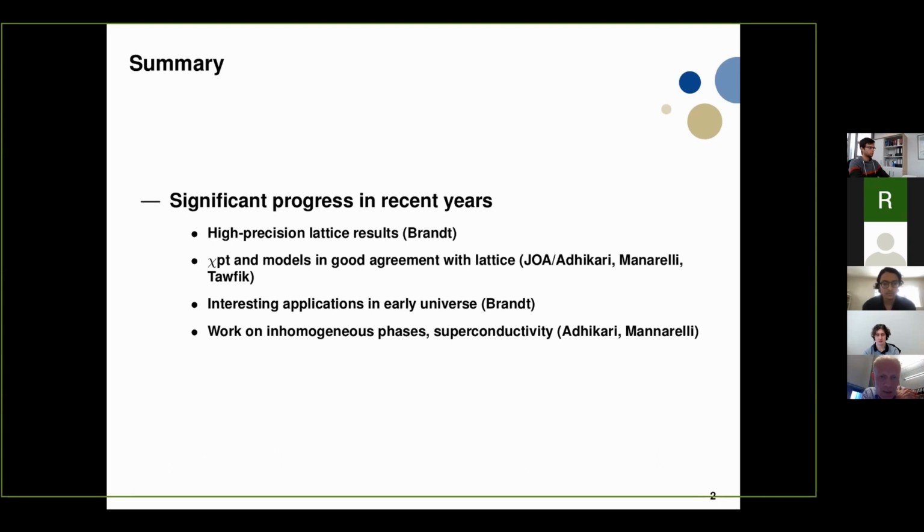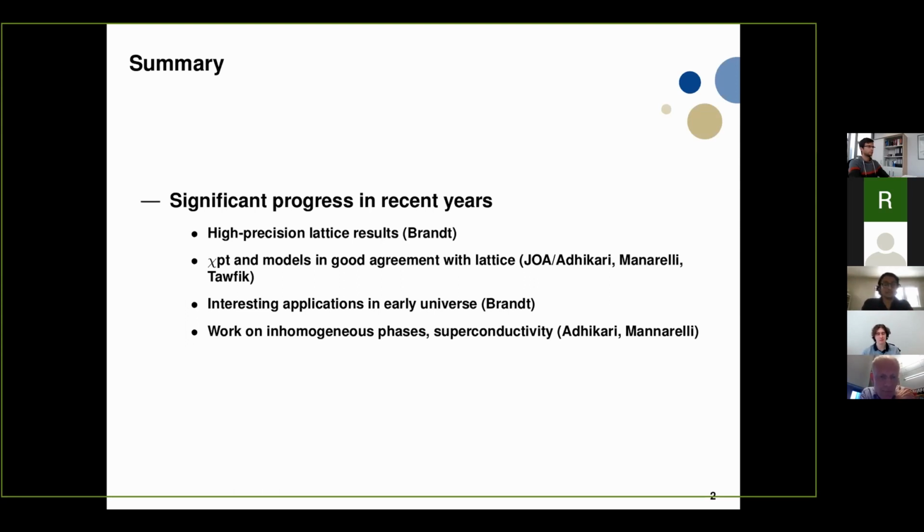So I think this has been a driving force in the field, and it's an area where we can make comparison with models and low energy effective theories. And I think also that the talks today show that, at least at T equals 0, there's good agreement between models, ChPT and lattice.